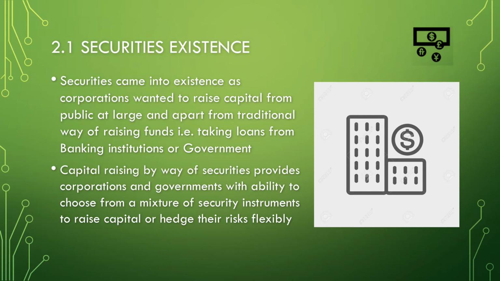So if a company wants to work with independent decision making ability, they will opt for fixed income or debenture type of capital funds rather than issuing shares. So here we can see that with a different mixture of securities, a company can flexibly raise funds from the public at large.